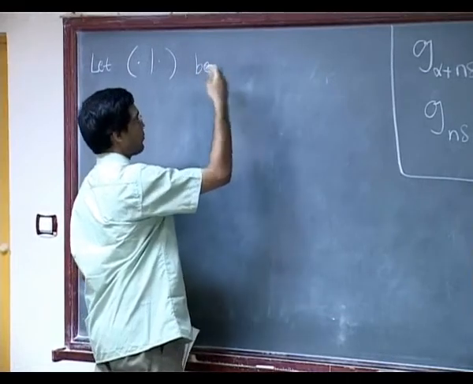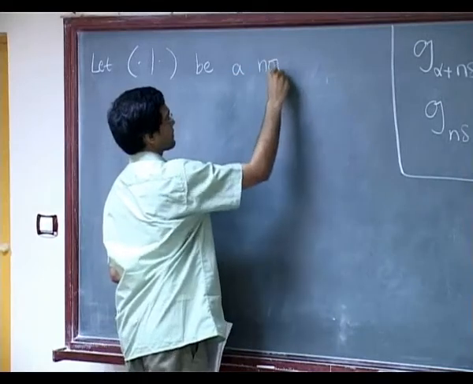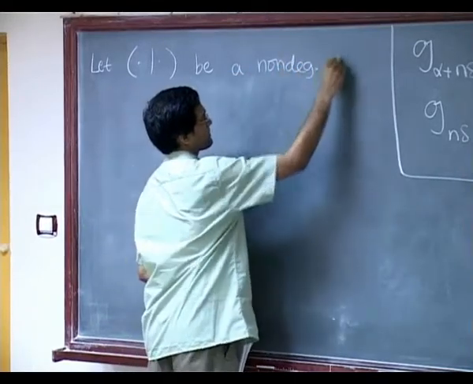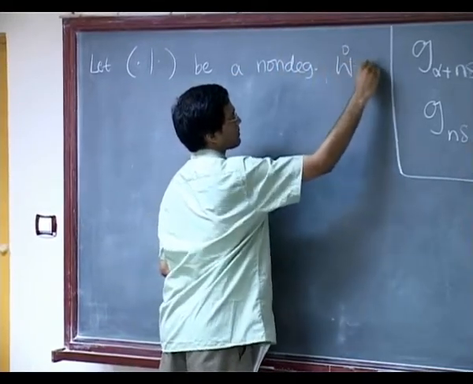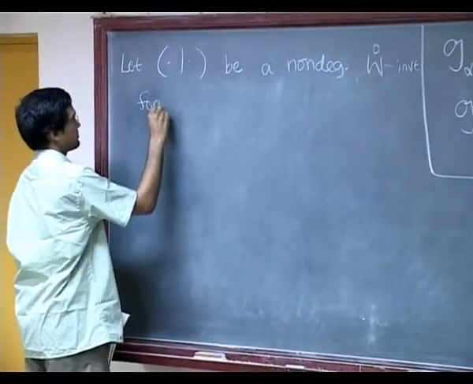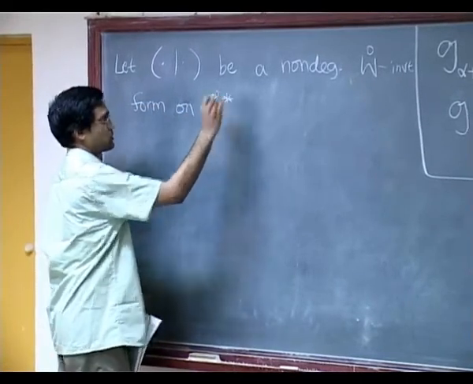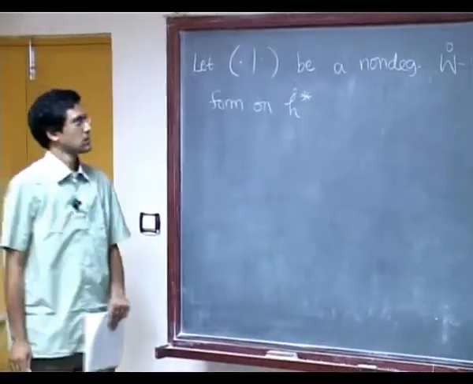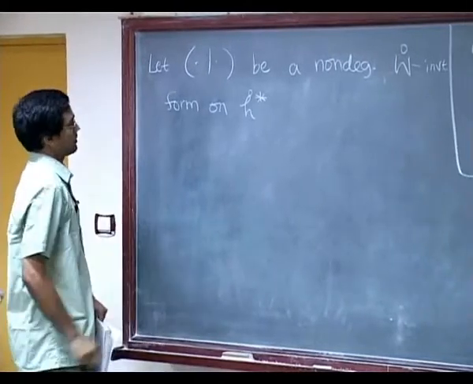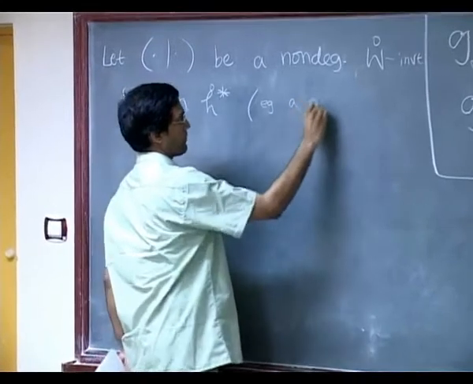I want to normalize it as well, so let this be a non-degenerate W0 invariant form on H0 star. At the moment I'm only focusing on the finite portion, for example the Killing form, or a multiple of the Killing form.